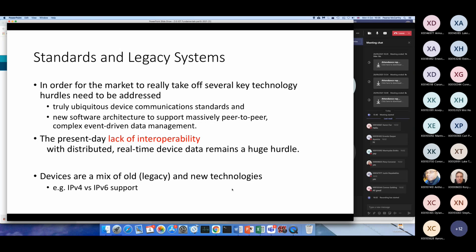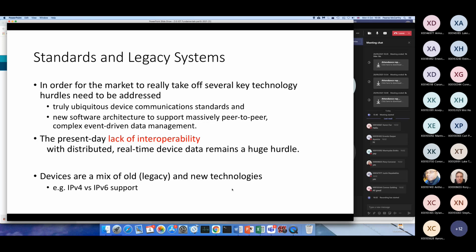We need those two things to happen. We need architectures that support massively peer-to-peer, complex systems, typically like Android or Linux or any sort of typical software architecture. If that is not in place, you will not be able to scale, your market will not take off, and you won't make money. You need those two things.